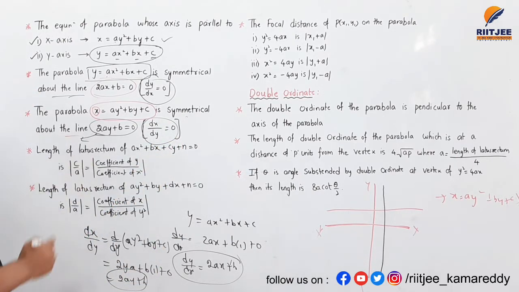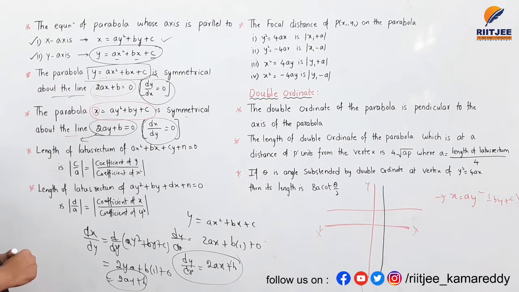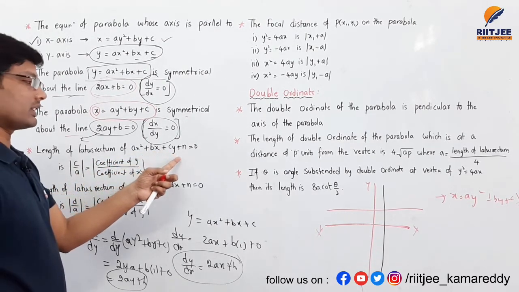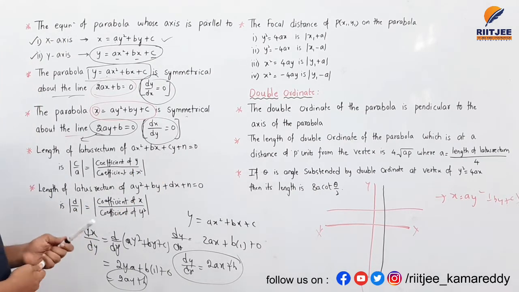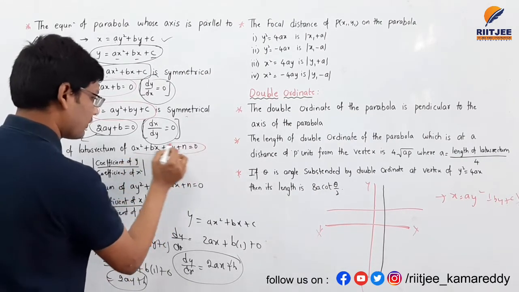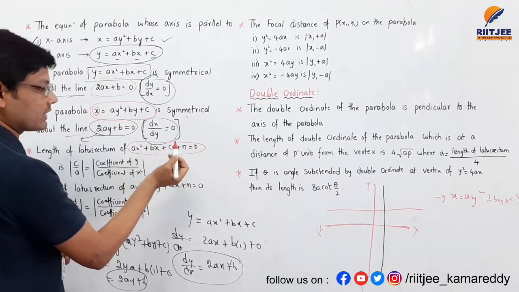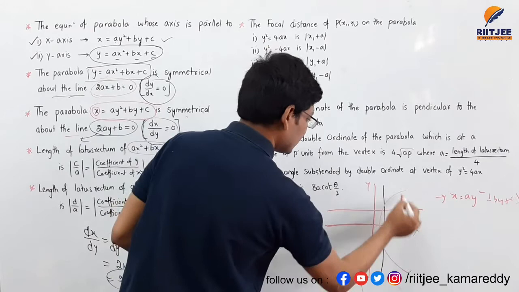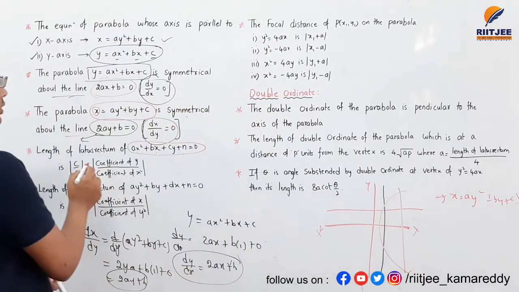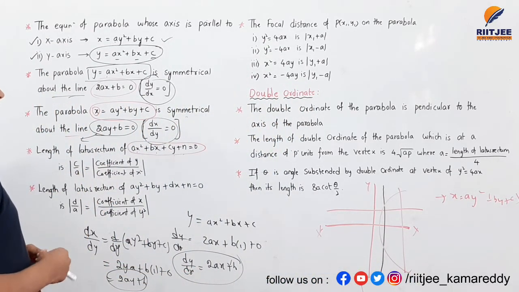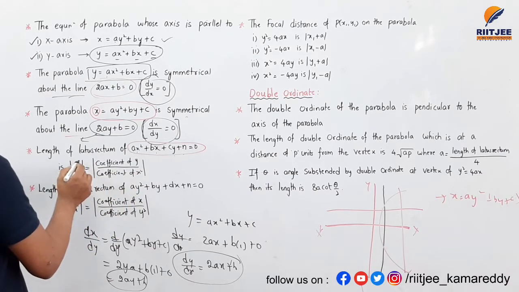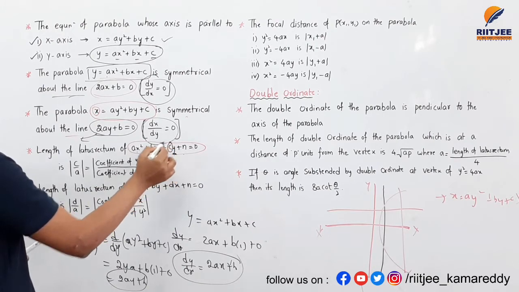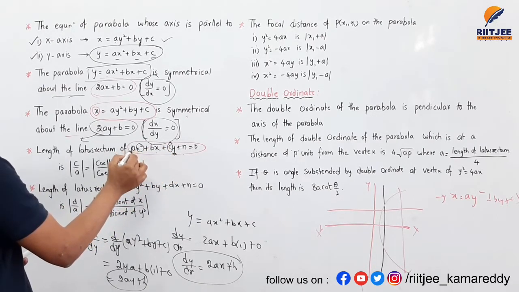And the length of the latus rectum of a parabola: if the equation of the parabola is in the form a x square plus b x plus c y plus n is equal to 0, then the length of the latus rectum will be the modulus of c by a, that is the coefficient of y over the coefficient of x square.